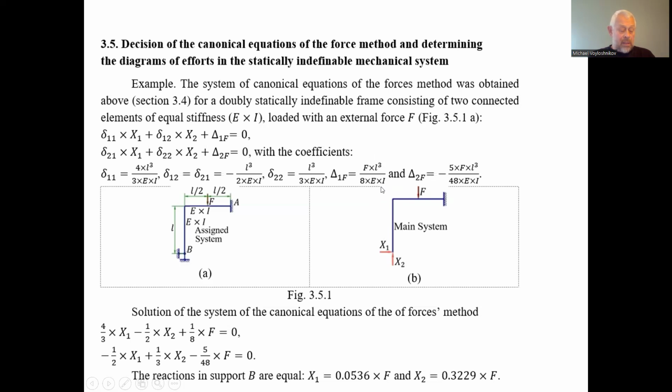When we cancel this in the equation, we finally have the canonical equations in the form indicated here on the slide.